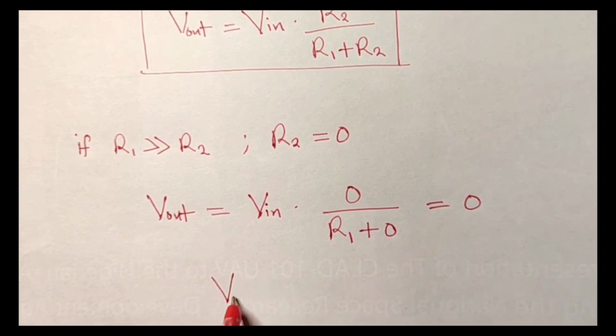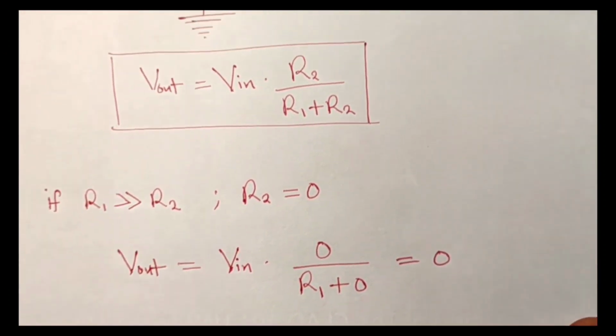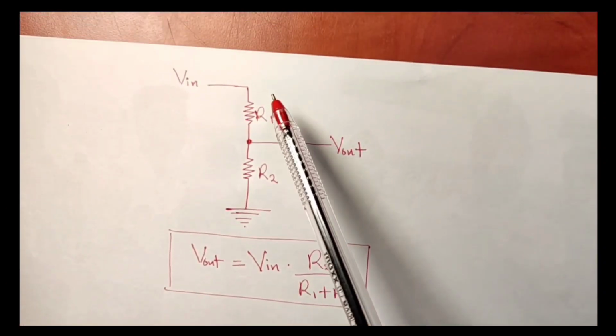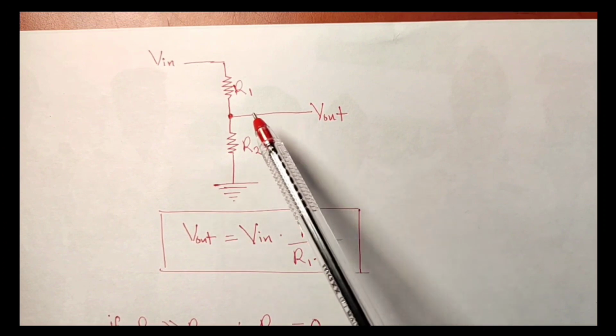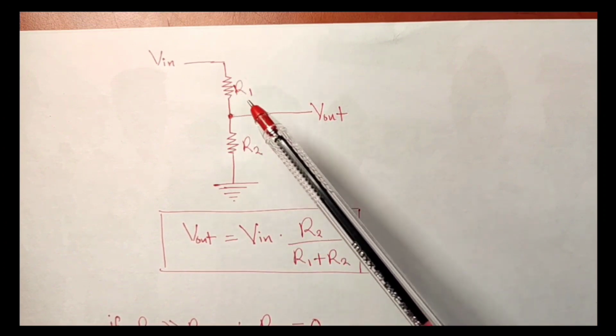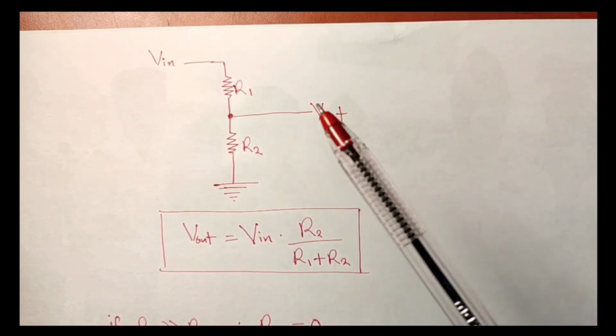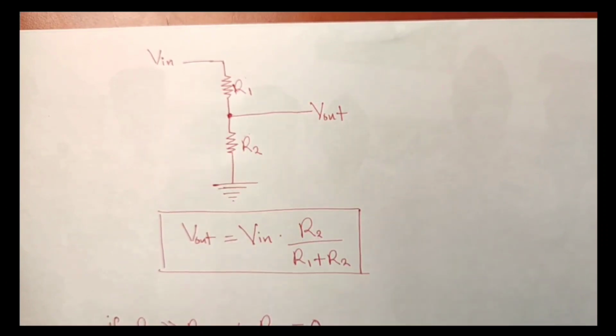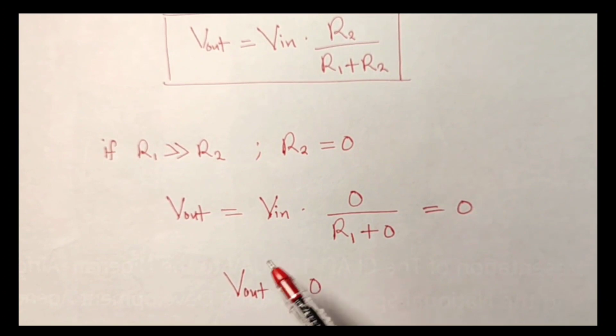So that means V out is equal to 0. So what this means is, for a voltage divider circuit like this, whenever R1 is far, far greater than R2, V out becomes 0. V out becomes 0.